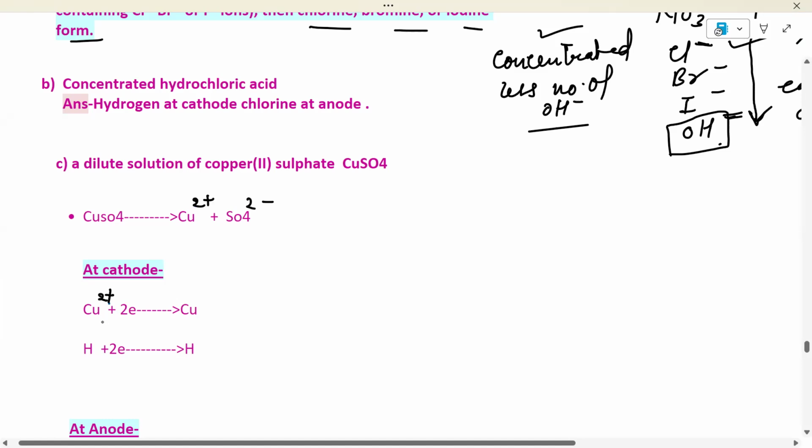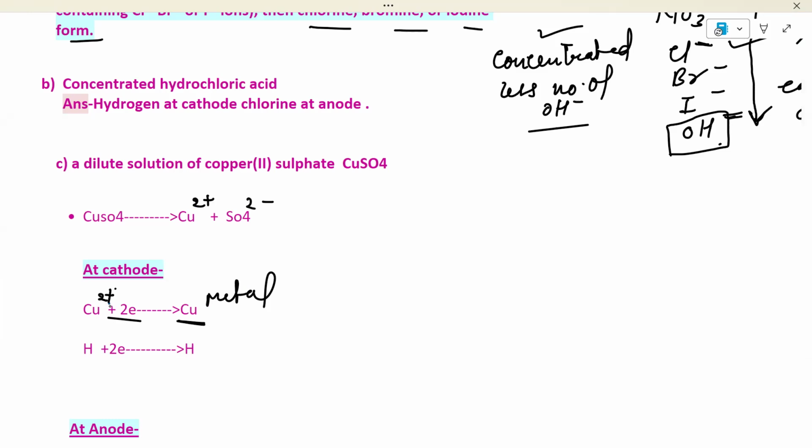Cu2+, copper cation, needs to gain two electrons to become copper metal, right? It needs to take back again the two electrons that it had given when it formed its ionic state.